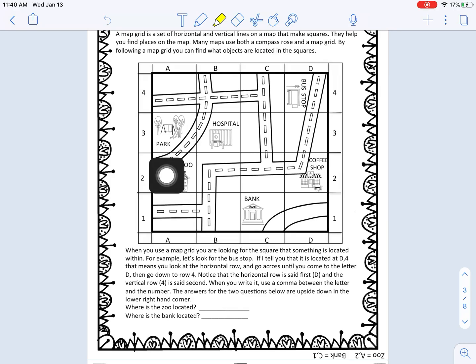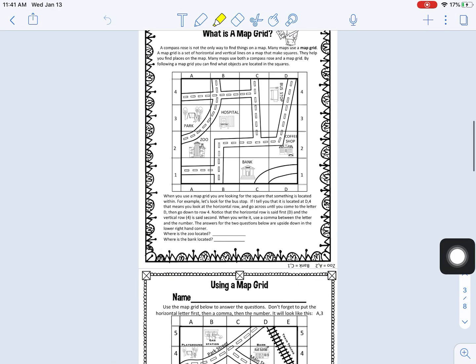So there's my 2, there's my A right there. What about the bank? Where is the bank located? Our bank is located at C1, and there is our bank.